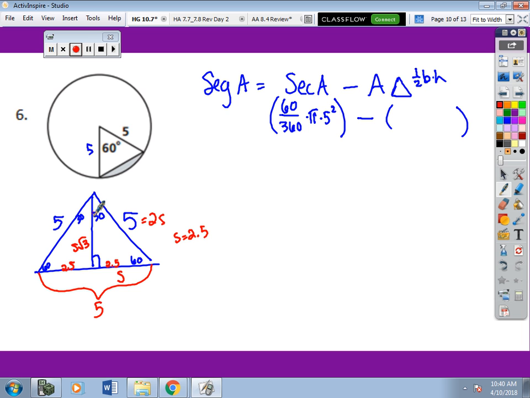And then the height would be s root 3, which would be 2.5 root 3. So that goes into our 1/2 base height formula. Make sure you do use 5 as your base, not 2.5. So it's the whole base. And then we need to type this all in our calculator.